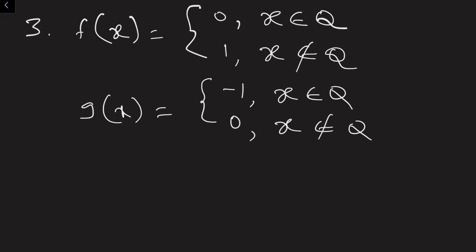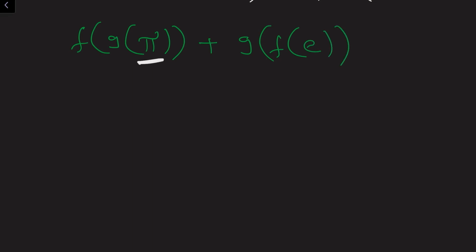Then we are asked to find the value of f of g of pi plus g of f of e. Here pi is a constant, which we already know is an irrational number, whereas e is Euler's constant, which is also an irrational number only. Pi and e are both irrational numbers.